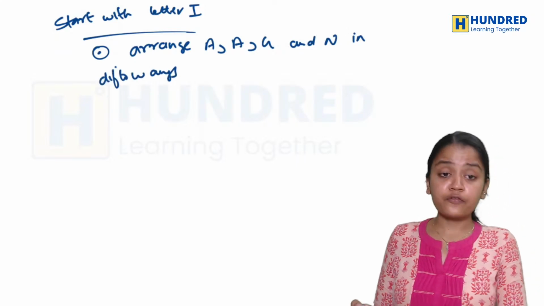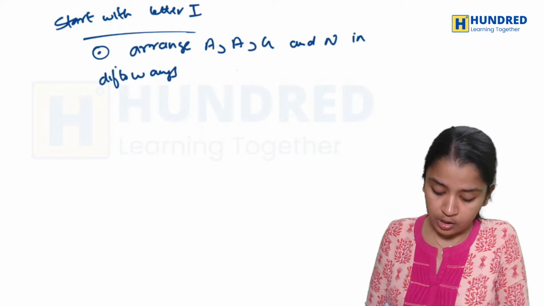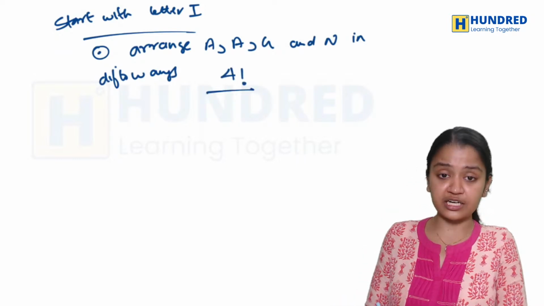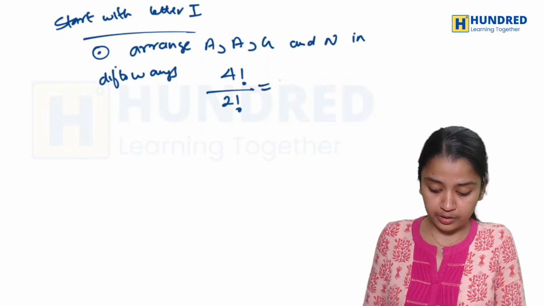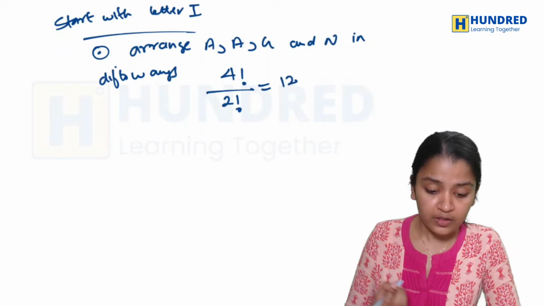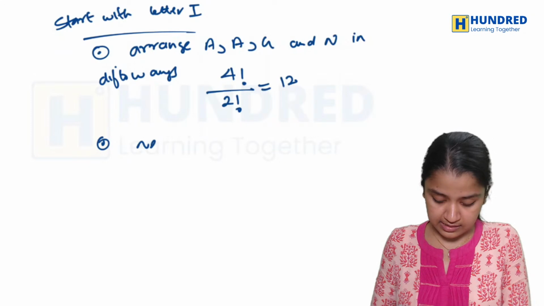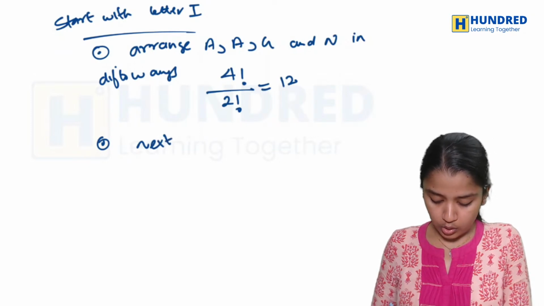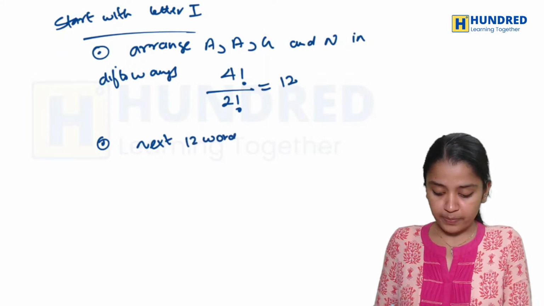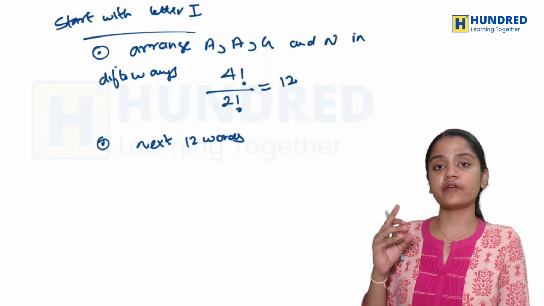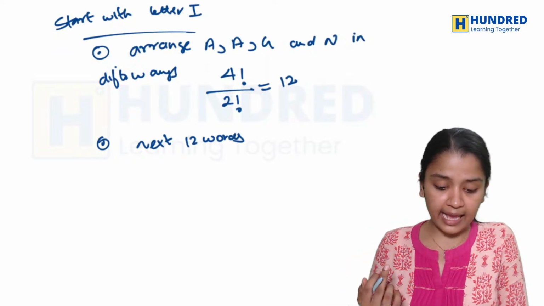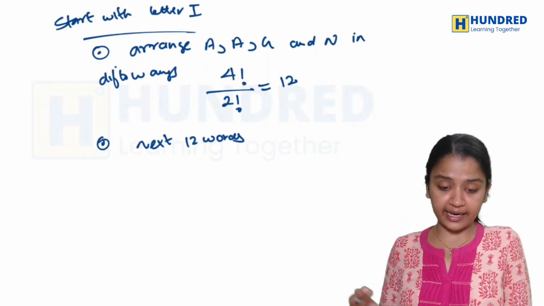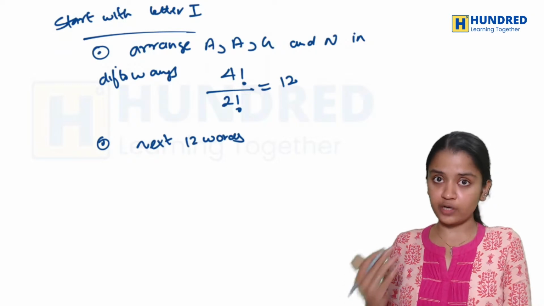Again I have 4 factorial ways to arrange, divided by the 2 repetitions, so divided by 2 factorial. So I'll get 12. This is my next 12 words. So till now 24 plus 12 is 36, 36 plus 12 is 48. So till now I have done up to the 48th word.